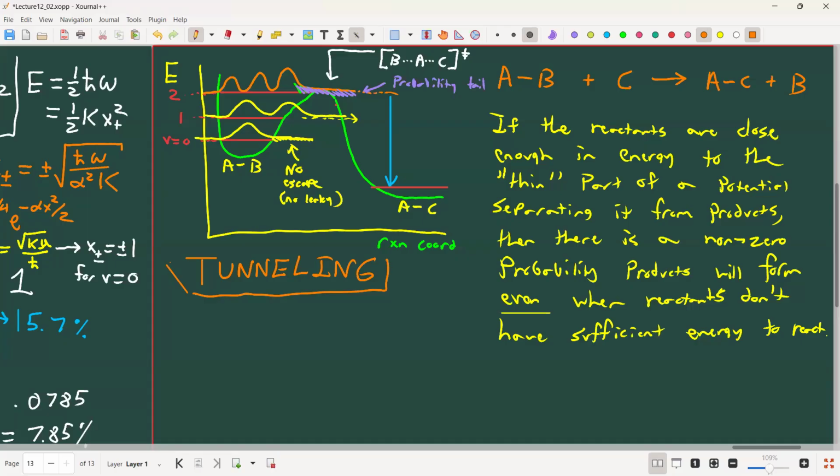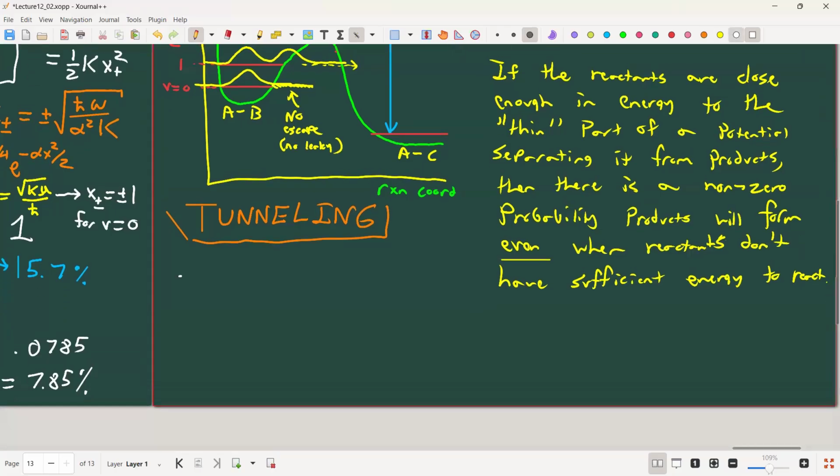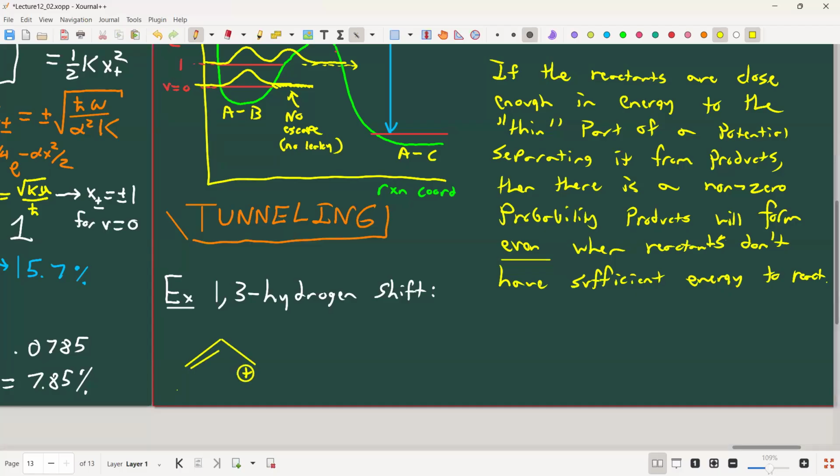There are lots of different cases where this will happen. Here's a great example from organic chemistry: the 1,3 hydrogen shift. All right, let me show you what this looks like. So you have what's called the allyl cation, and there's a hydrogen here.